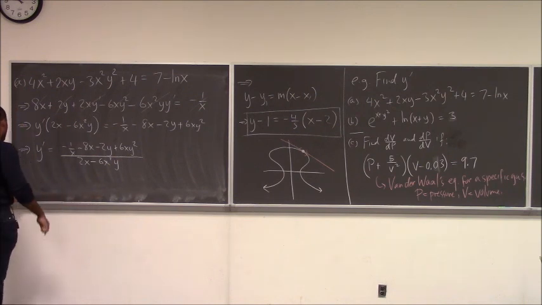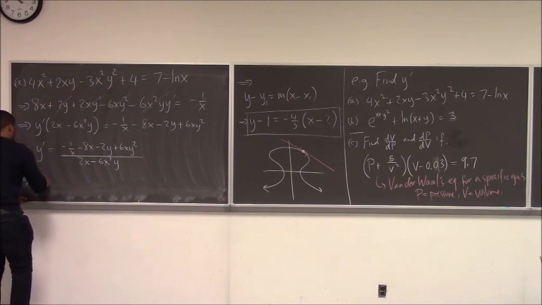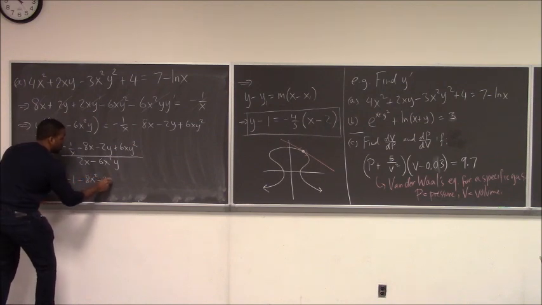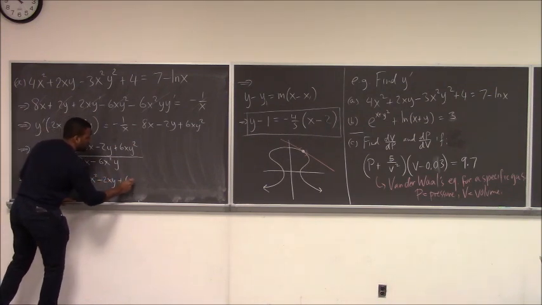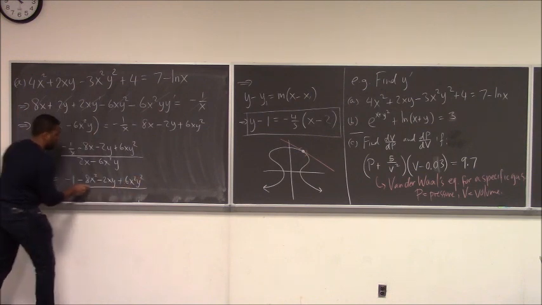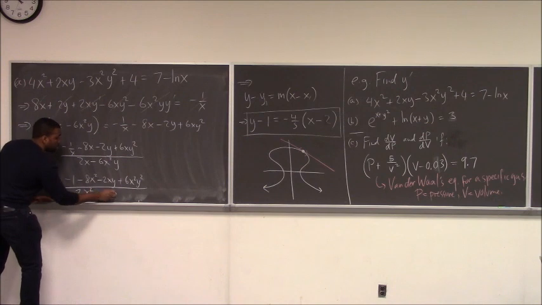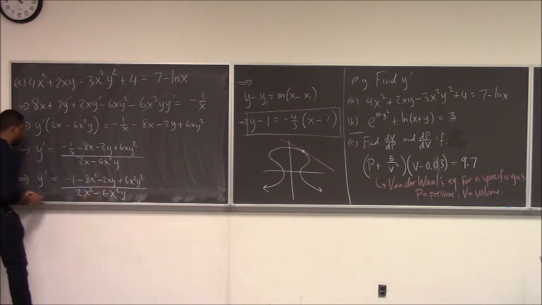That might look a little annoying because of the complex fraction in the top. We can multiply by x over x. Minus 1 minus 8x squared minus 2xy plus 6x squared y squared over 2x squared minus 6x cubed y.